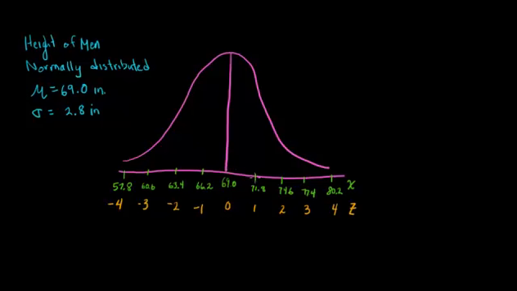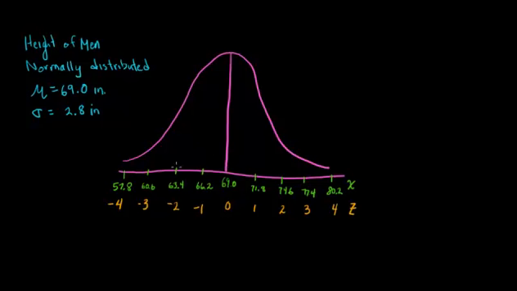We added another 2.8 to get to 2 standard deviations above the mean, another 2.8 to get to 3, and another 2.8 to get to 4. And then we did the same thing here, only now we're subtracting. Minus 2.8, minus 2.8, minus 2.8, minus 2.8. So now we know the heights that are right on these exact z-scores.